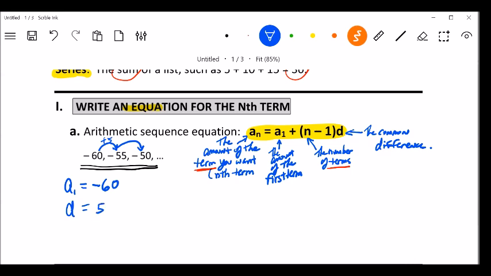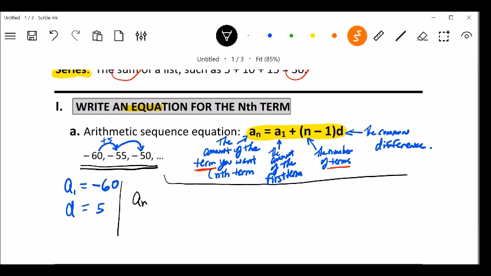So what we do is we put that into the equation. Actually, I'm going to start by writing the whole thing, and we'll put the things underneath it. An equals a1 plus n minus 1 times d.